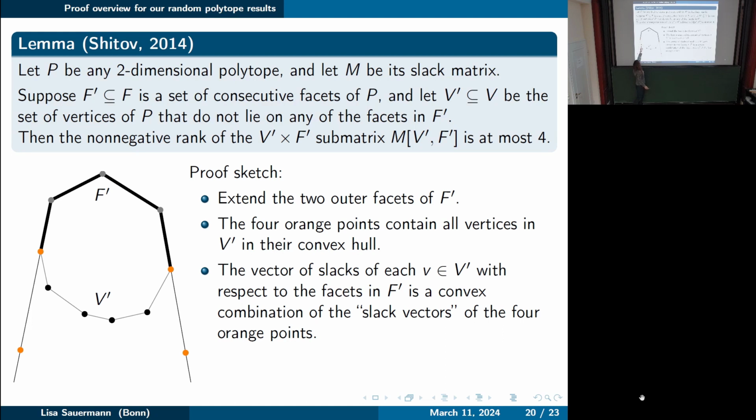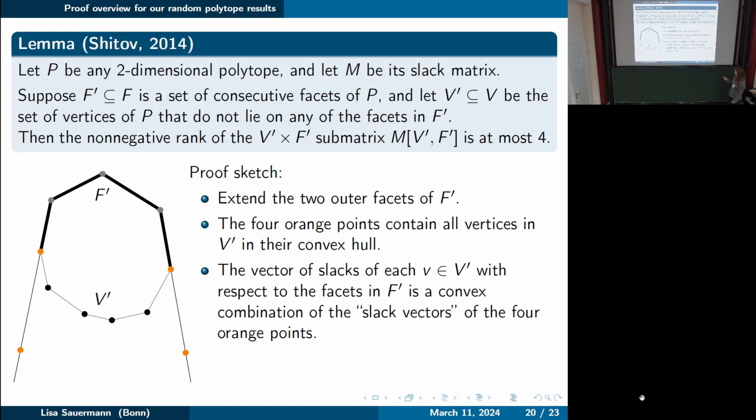If I want to calculate the slack of this point with respect to, say, that facet up there, I can take the corresponding slacks I would get for those 4 orange points, and then take the same linear combination. Because everything is linear, it behaves well with respect to convex combinations. So for all of those points, I can get their vectors of slacks with respect to the facets in F prime just as convex combinations of the 4 corresponding vectors for the orange points.